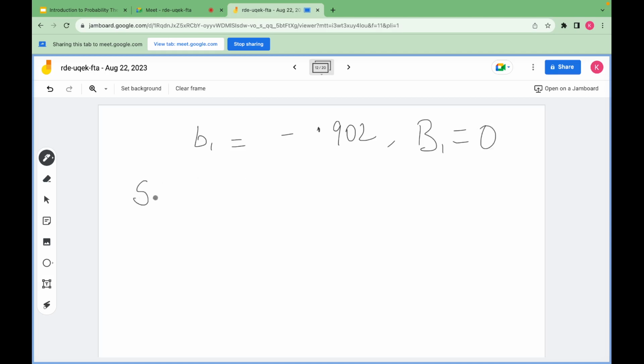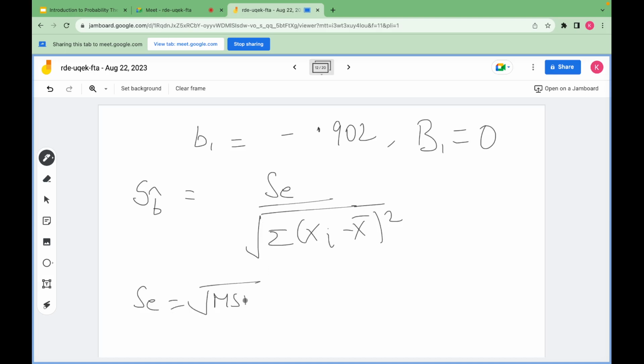And S_b1 is SE divided by root over summation xi minus x bar whole square. And this SE is root over MSE, which is equal to root over SSE upon n minus 2.